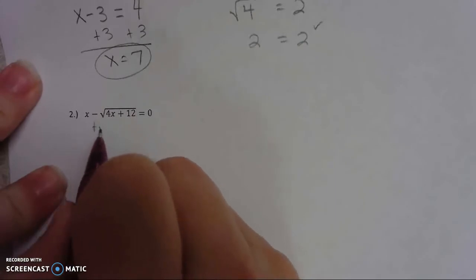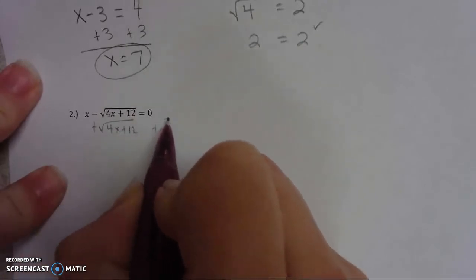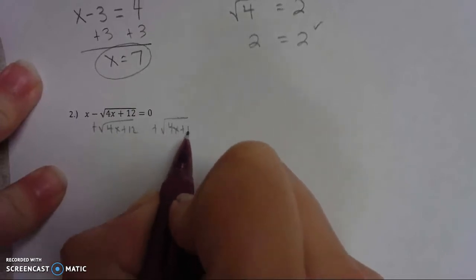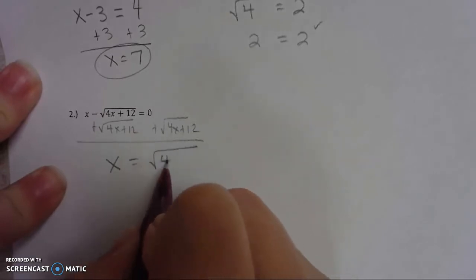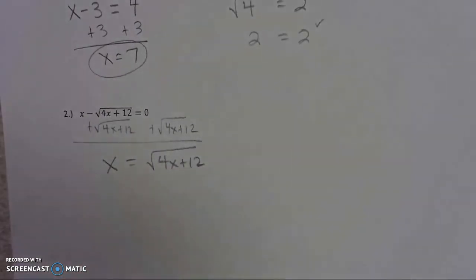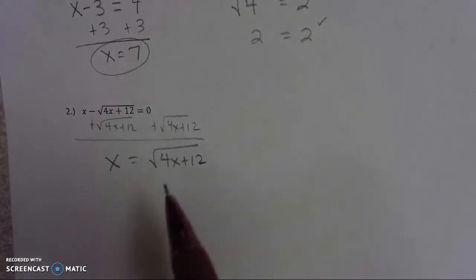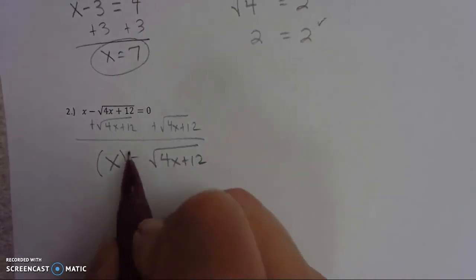So I'm going to add the square root of 4x plus 12 to both sides and get the radical on the right side by itself. So it doesn't matter which side you get it on as long as you isolate it. Now that my radical is isolated, I'm going to square both sides.